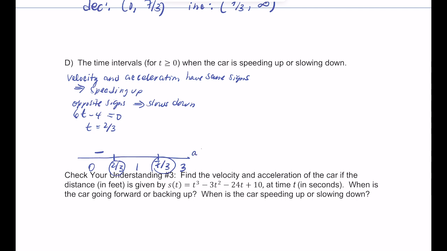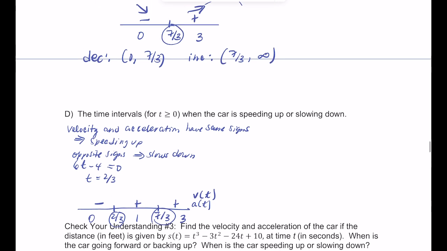So why don't we put the sign of acceleration here, and then we'll look at the sign of velocity here, because we need to look at both signs to determine whether the car is going to be speeding up or slowing down, right? So if I plug 0 in here, I get a negative. If I plug a 1 in, I get a positive. 6 times 1 is 6, minus 4 is positive 2. If I plug in a 3, I also get a positive.